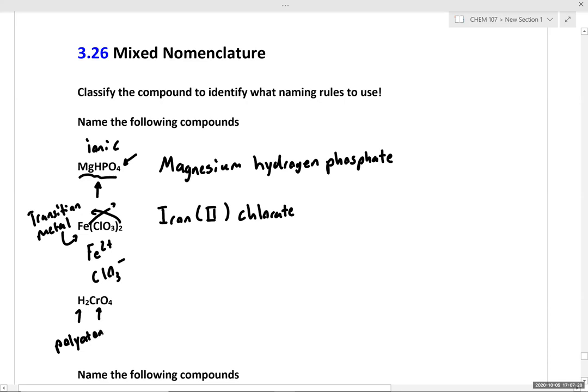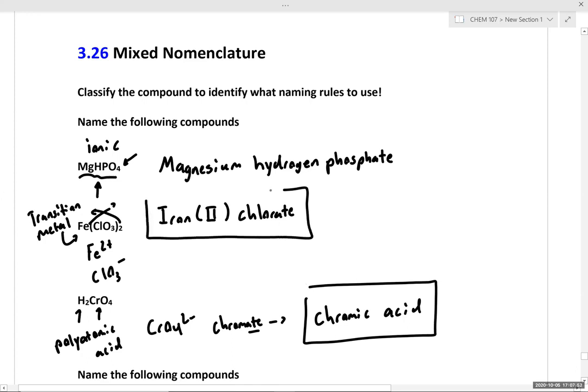So this is a polyatomic acid, and as such, we name it using our acid conventions. CrO4 2- is known as chromate. The ATE ending turns into IC, following our polyatomic acid nomenclature rules. So this would be chromic acid.